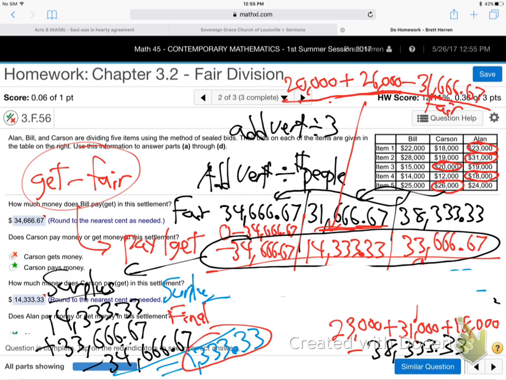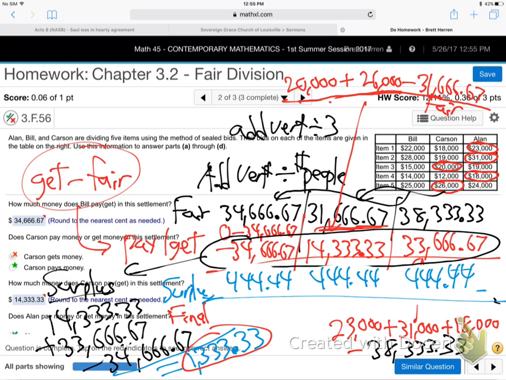There it is. That's right, 444. So the surplus, they each get $444.44. Write it in blue.